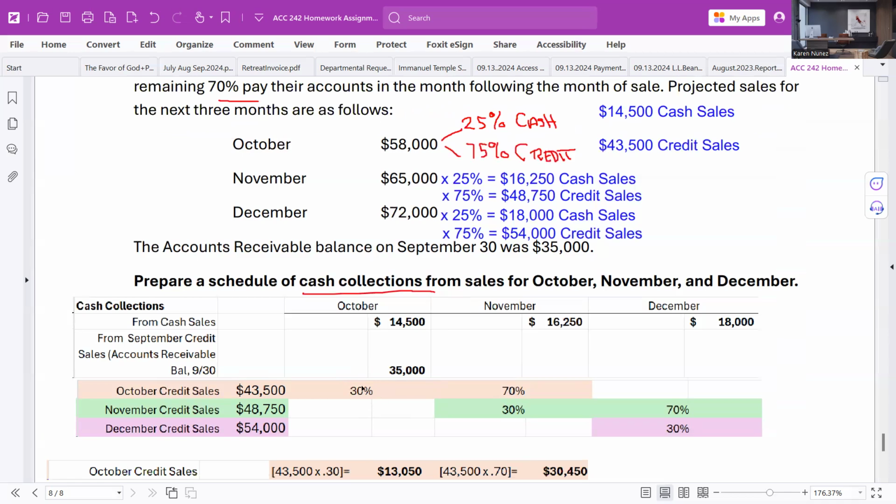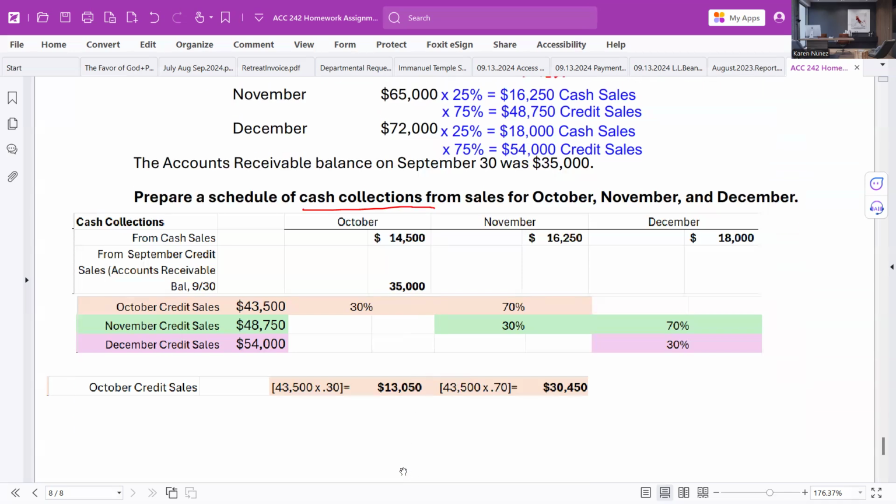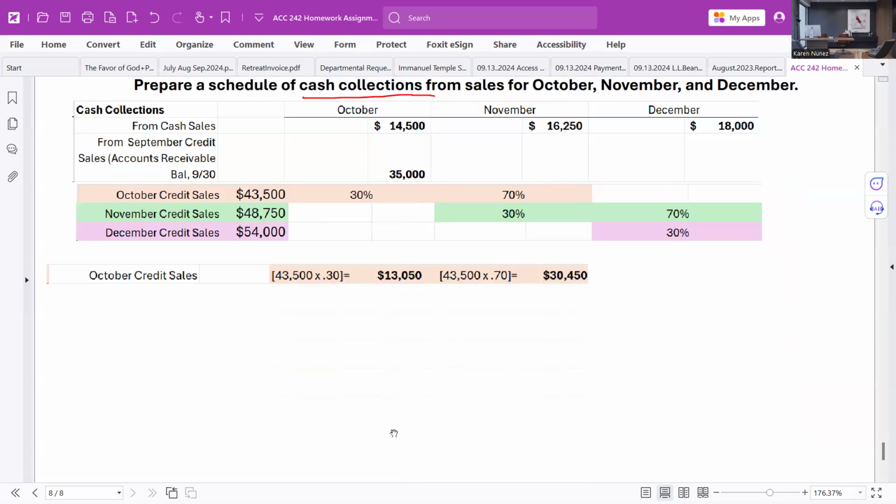And then we also have 30% from those October sales. So three pieces, right? That's what we're collecting in the month of October. I'm going to put it all together at the bottom here after I fill in everything for November and December.